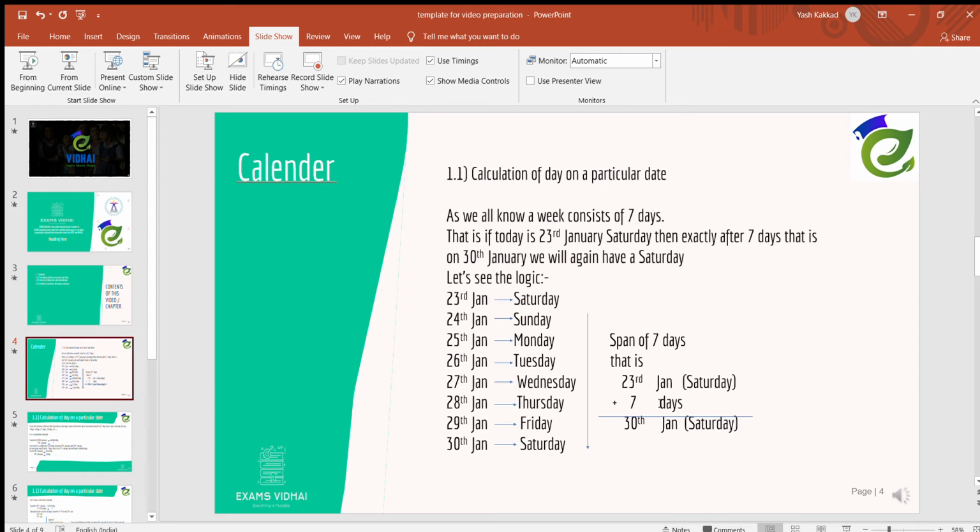Then on 6th of February, I would again get a Saturday, because the difference of days between 23rd of January and 6th of February is 14. Then again on 13th of February, I would get a Saturday. So you can see in the multiple of 7, we would get the same day.